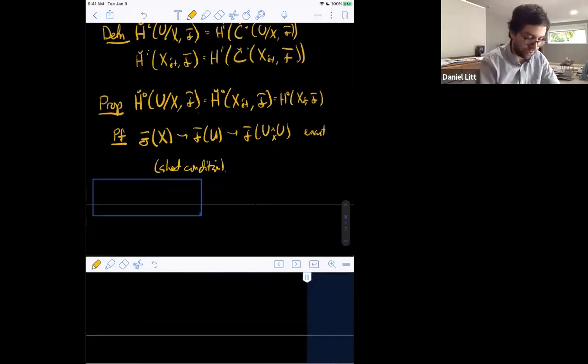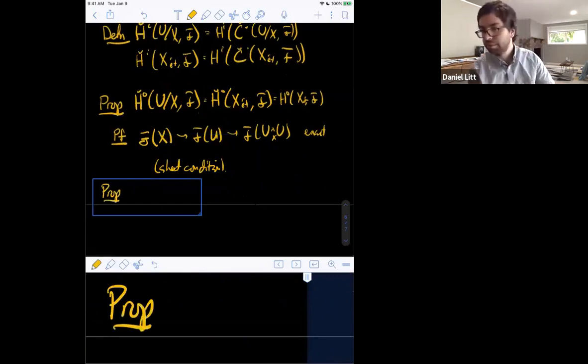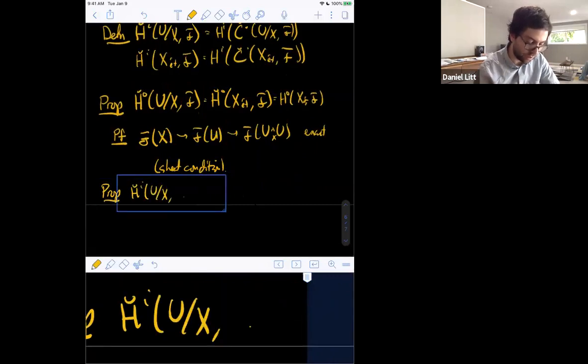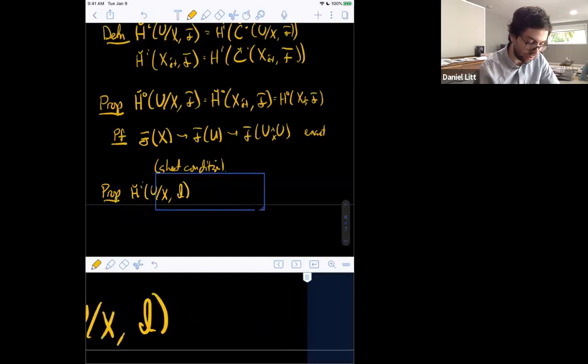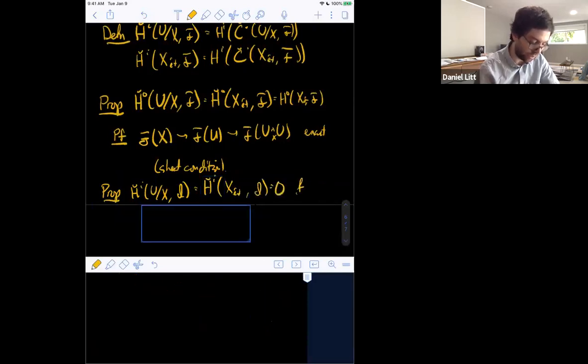Okay, so let's do the next proposition. The next proposition is that the Čech cohomology of U over X, H^i, is isomorphic to the Čech cohomology of X Etale, H^i, which is 0 if i is positive and I is an injective object.